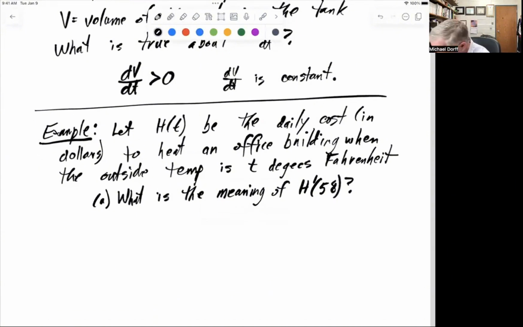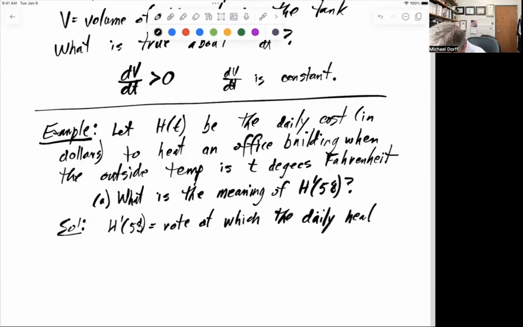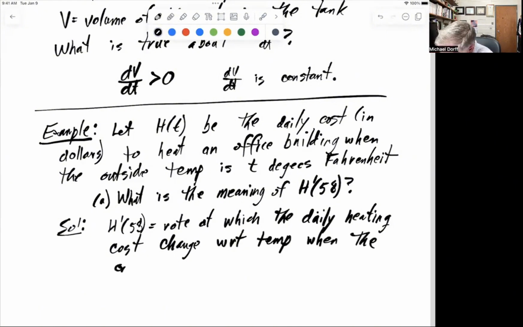So h prime of 58 equals the rate at which the daily heating cost changes with respect to temperature when the outside temp is 58 degrees Fahrenheit.